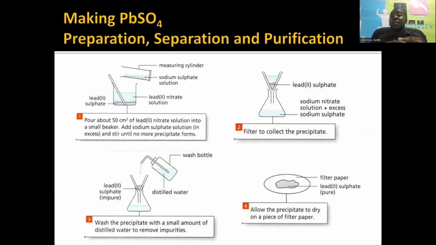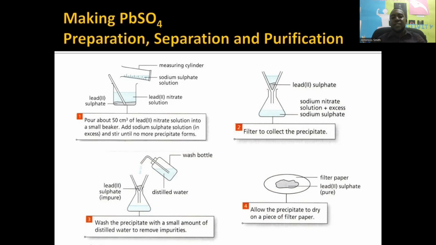Then step 2 is where we filter. We filter this solution, so the residue of lead(II) sulfate remains in your filter funnel. Then notice in step 3, we add some distilled water.